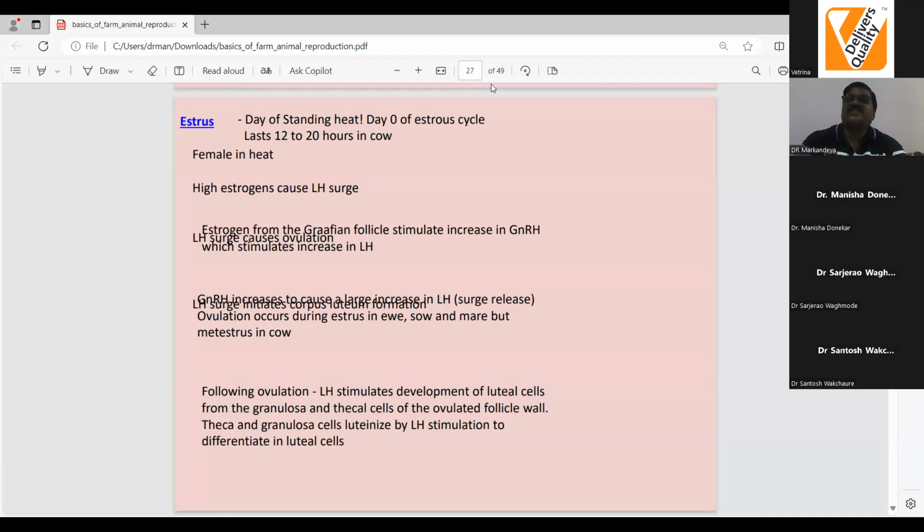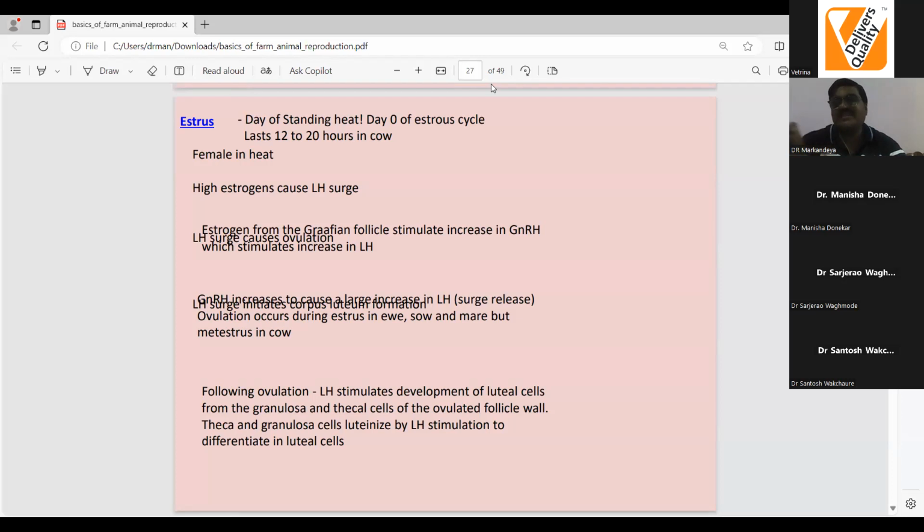Out of 100, if he is detecting only 75, his estrus detection efficiency is 75%. He has lost 25 animals, even if they were in estrus.